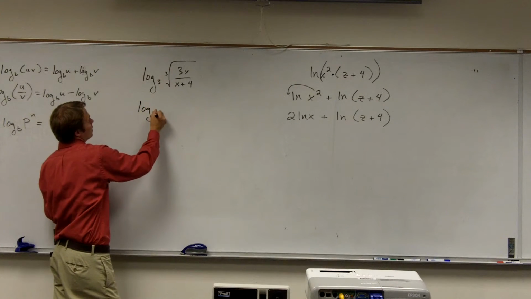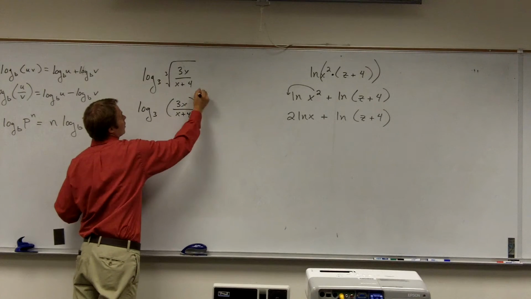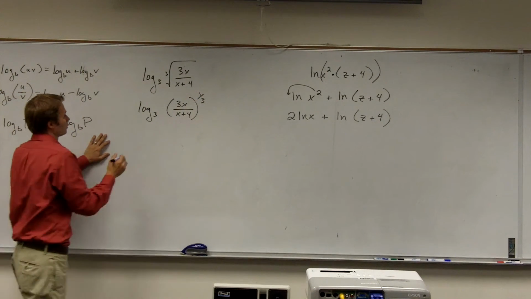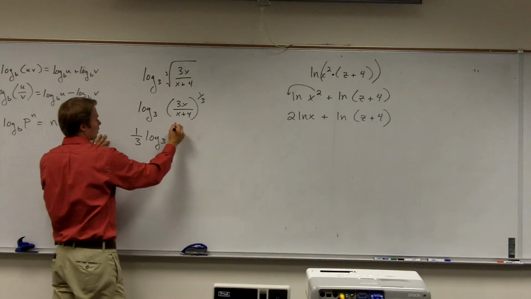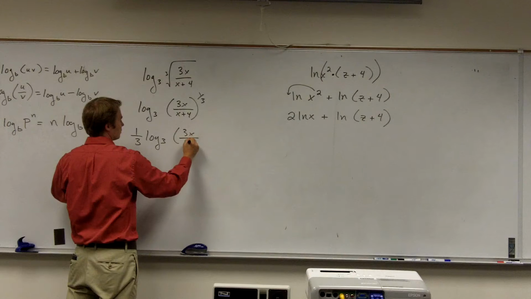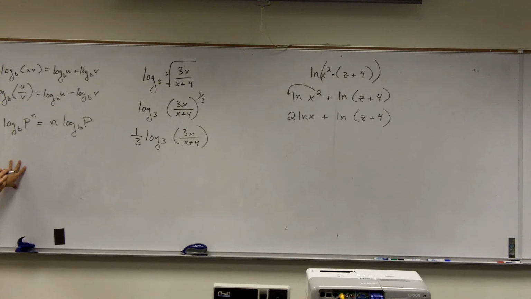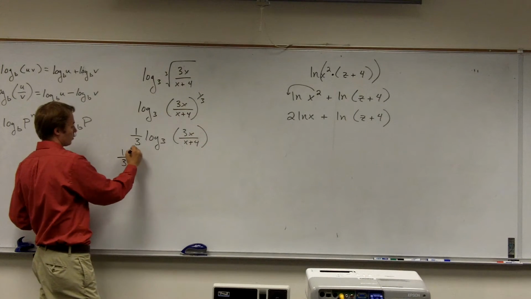So I can rewrite this as 3x over x plus 4 to the 1/3 power. Bring that to the front so you get the 1/3 log. So bring the 1/3 down. And then we have the division, which you can change into subtraction. But I have to leave that 1/3 on the total outside, right?